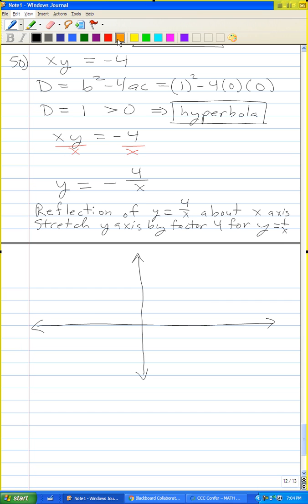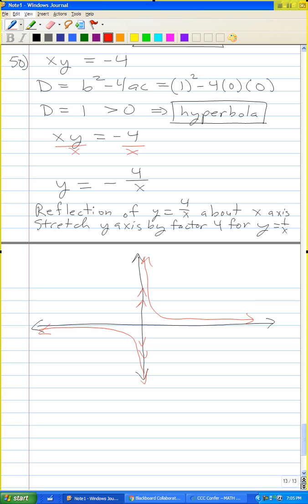So if I look at the graph of 1 over x, it looks something like this. I'm going to stretch by a factor of 4. So it's going to be steeper. Well, it's going to be hard to show that.